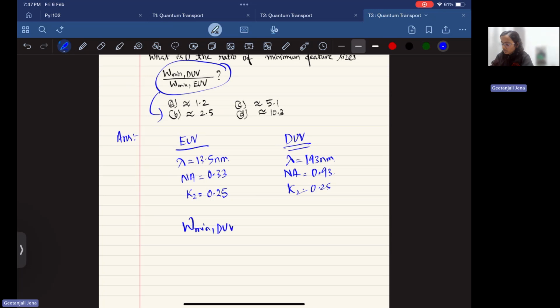See, this is also formula based. If you recall, W minimum is directly proportional to lambda by NA, right? So you can write it as lambda DUV by lambda EUV, multiplied by NA of EUV and NA of DUV.